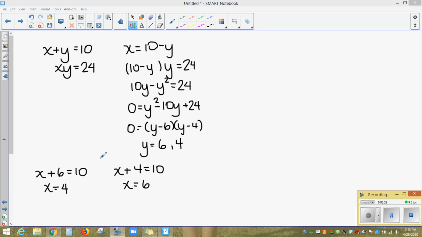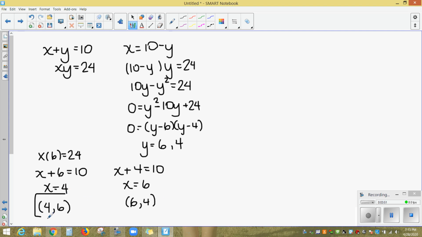When we plug in +6 and +4 for y into either of the top two equations, we will find out that x equals 4 goes along with y equals 6, and x equals 6 goes along with y equals 4. Kind of boring, pretty symmetric, but here we are. Also two solutions.